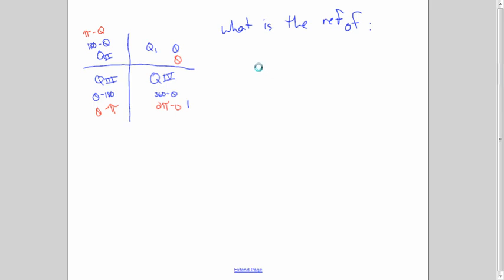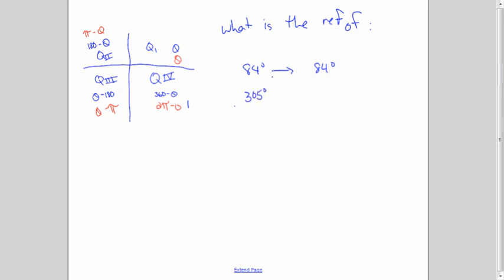What do we have here? Let's say, what's the reference of 84 degrees? Well, that's easy because it's in quadrant 1. Therefore, the reference is 84 degrees. So what if we in fact had something like 305 degrees?